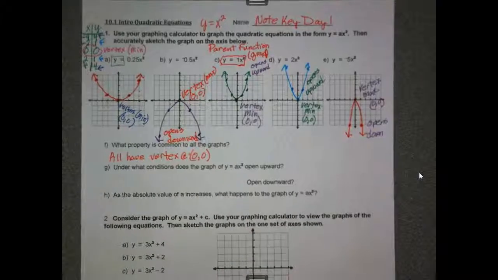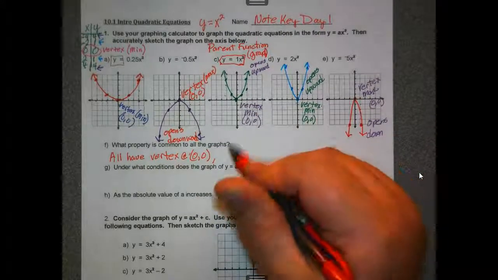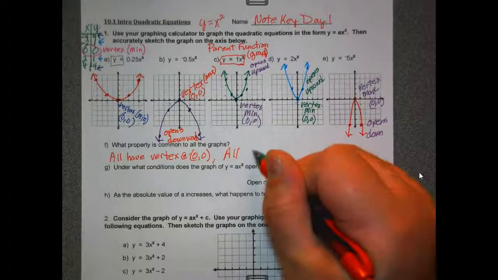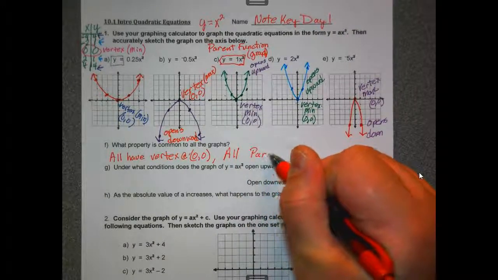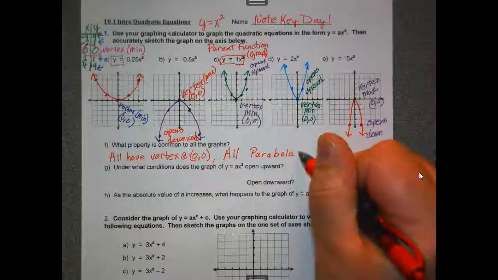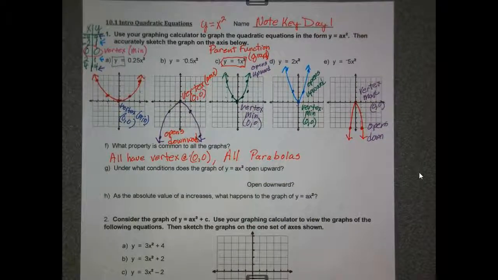What's their shape? They're all U-shaped. What do we call it? They're all parabolas. Anything that's the same for all 5 of them?